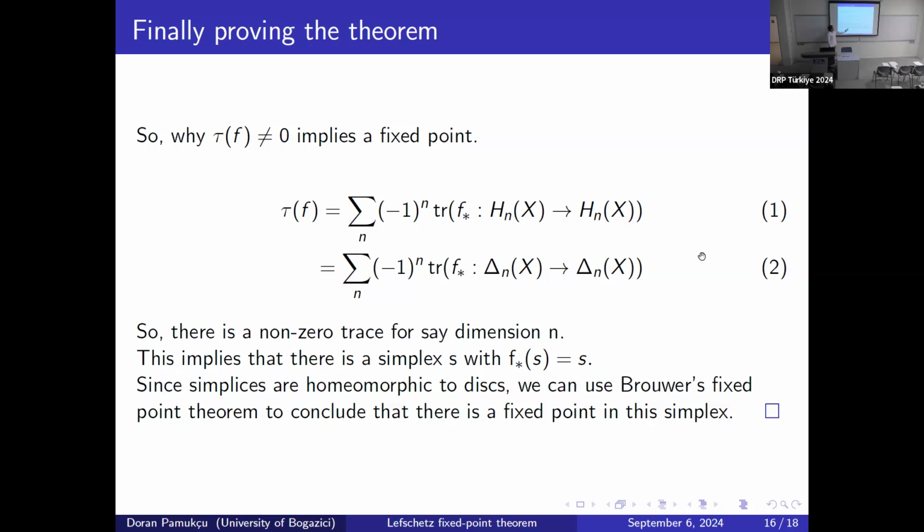A trace being non-zero implies there's a simplex S with f_* S mapped to itself. Since simplices are homeomorphic to disks, as we saw, like the triangle is homeomorphic to a 2-disk, or the tetrahedron is homeomorphic to a 3-disk, we can use Brouwer's fixed point theorem to conclude that there must exist a fixed point in the simplex that gets mapped to itself. And this is our proof of the theorem.